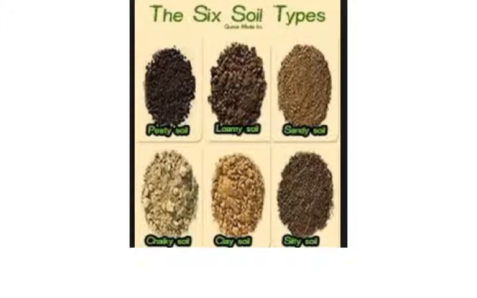We'll have peaty soil, loamy soil, sandy soil, chalky soil, clay soil, and silty soil. We're going to look at a picture of all three of those combined together so that we can see how all of those are made by looking at one big picture of sand, silt, and clay.